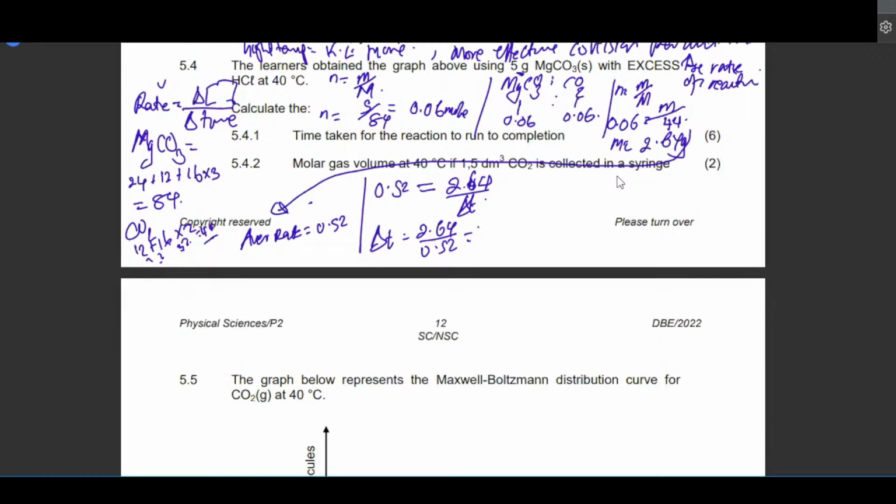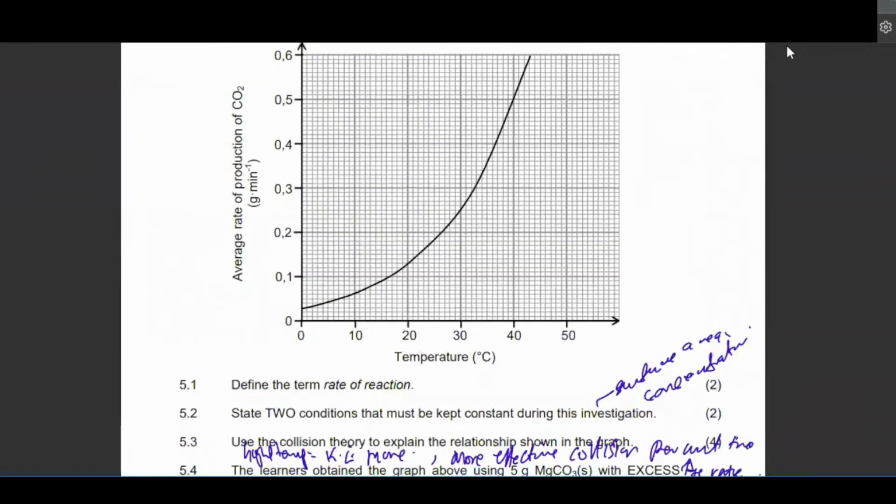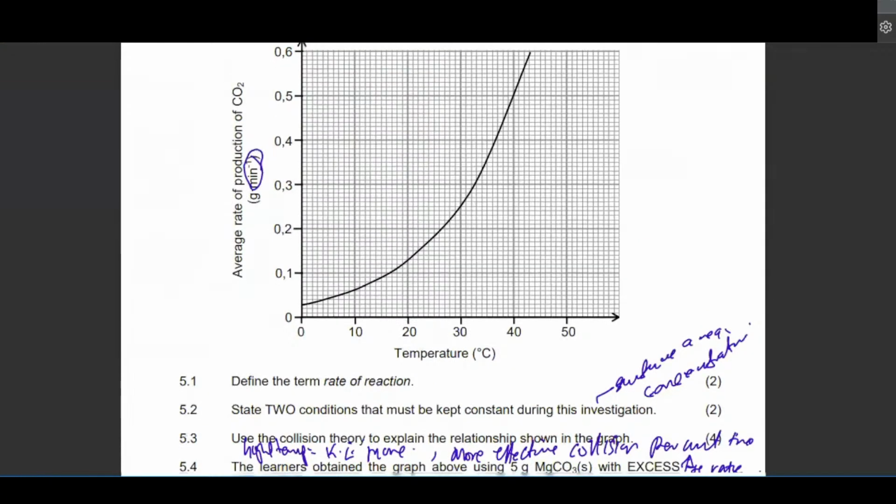You can use the calculator and find out the actual answer, but this is minutes, because they said they are measuring this in grams per minute. So the answer must be minutes.